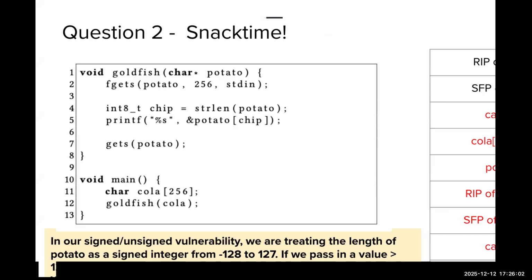And in order to make chip a negative number by setting it to a positive number, we just have to overflow that number. String length returns an 8-bit unsigned integer, and then we're converting it into a signed 8-bit integer.